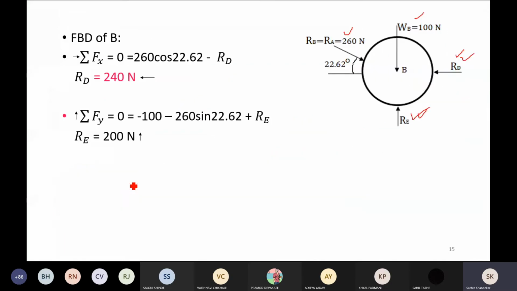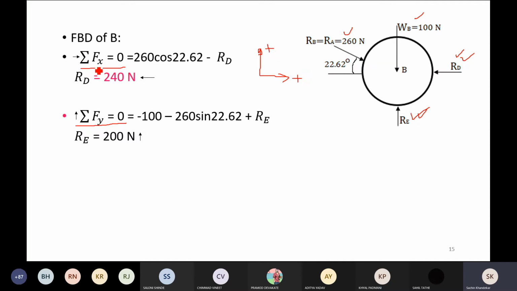Very important. So here we apply two equations, summation Fx equals 0 and summation Fy equals 0. Resolve all the forces along the x-axis and y-axis, with our usual sign convention: rightward positive and upward positive.